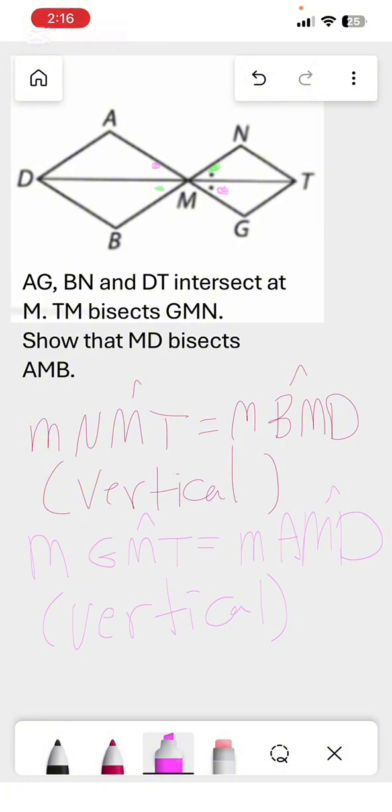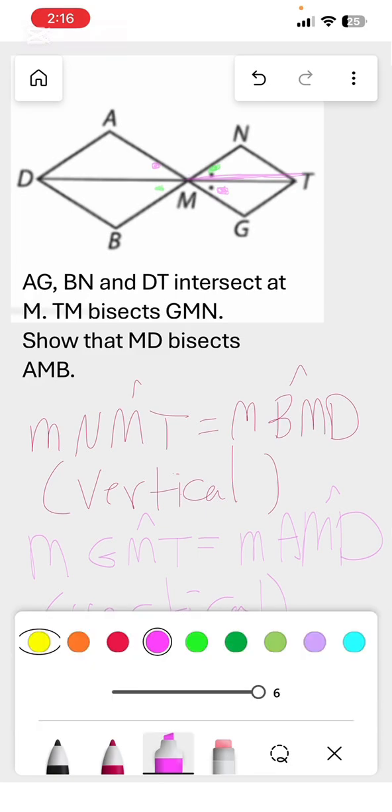Since they are vertical, these angles are equal. What else? NMT is also equal to GMT, beside each other. Why? Because the question gives that TM bisects NMG.